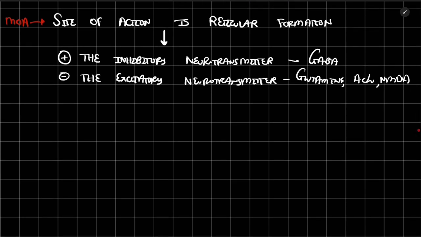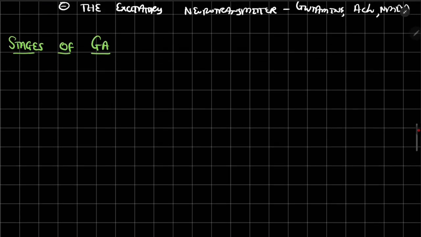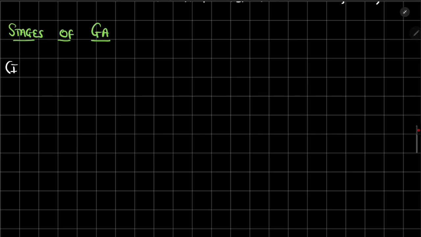Now tell me one thing, if we infuse the general anesthesia in the patient, there are something called the stages which are defined for general anesthesia. Stages of general anesthesia. Basically there are 4 stages. The first stage is the stage of analgesia.